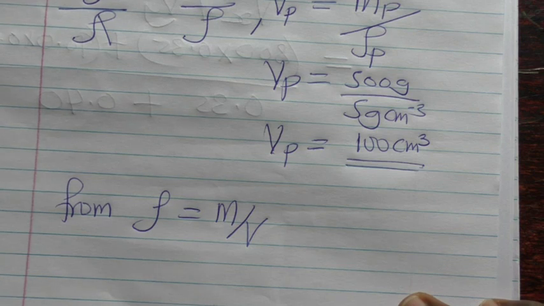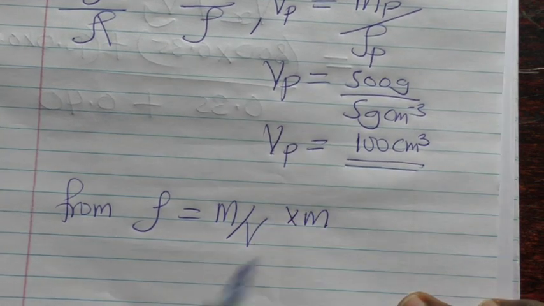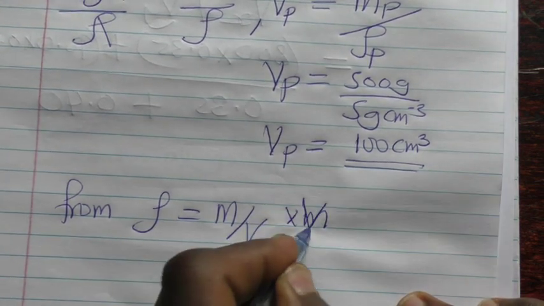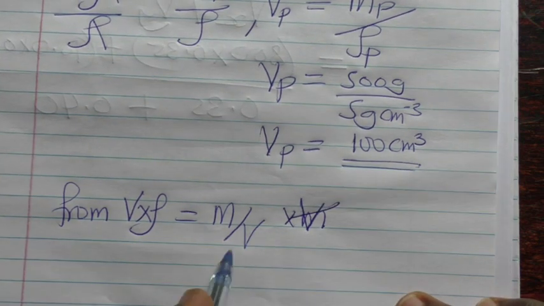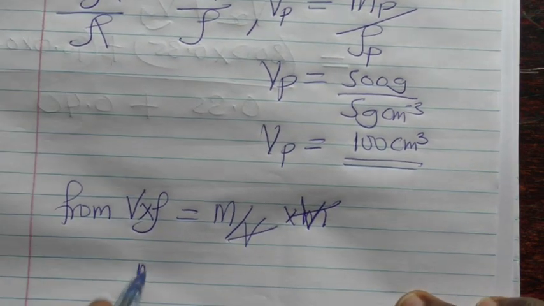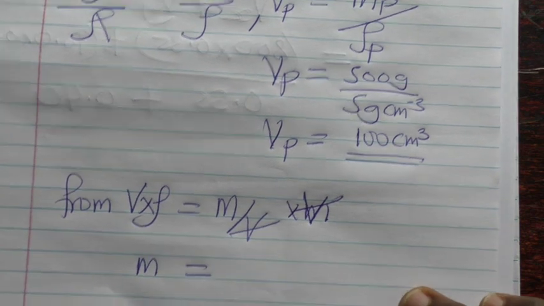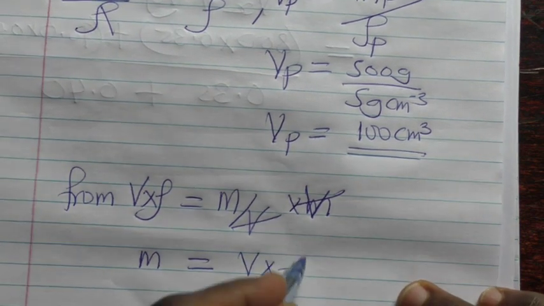This time round we want the mass of Q, so we make M the subject by multiplying by V on both sides. So we cancel this and that, hence ending up with M, which is the mass, equaling V times rho.